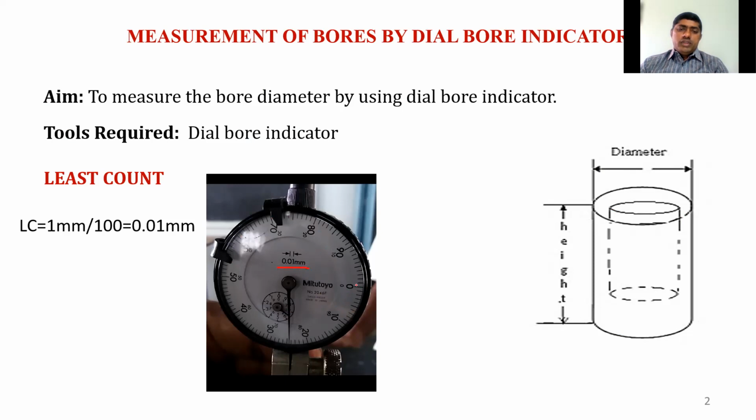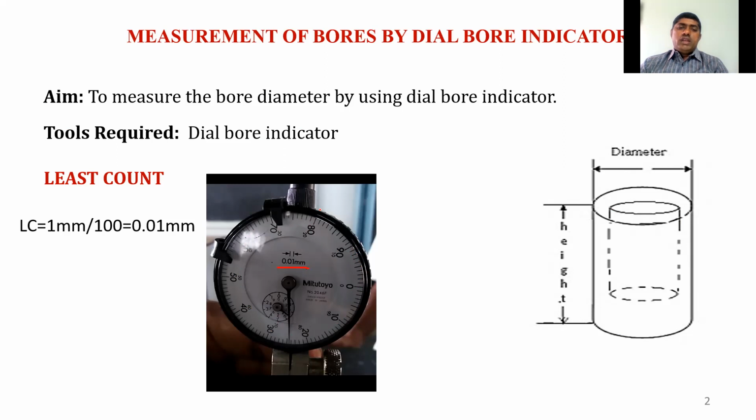If the large indicator moves through one complete revolution, here if you observe, we have 0 to 100 divisions. It is 90, here we have 10 divisions, total 100 divisions on the circular dial.